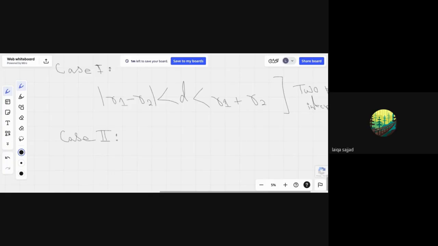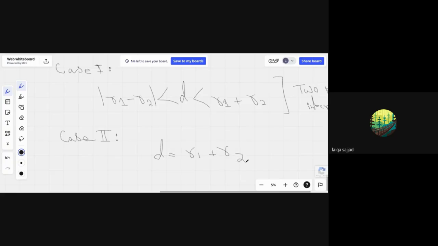Then in case 2, if you get your distance d equal to the sum of the two radii, it represents that the circles are touching at only one point but they are present outside each other, so you can call them externally tangent. Circles are externally tangent when the distance equals the sum r1 plus r2.